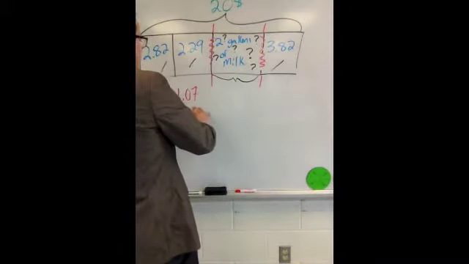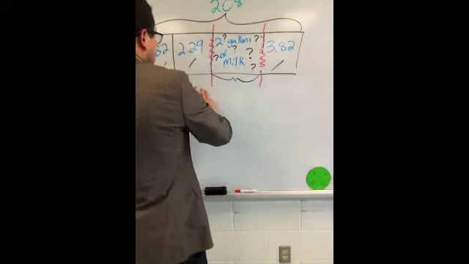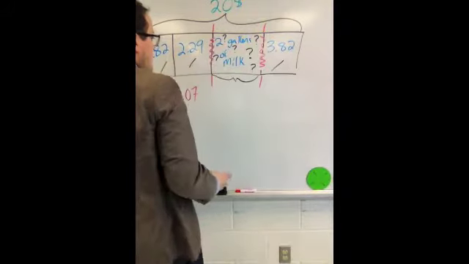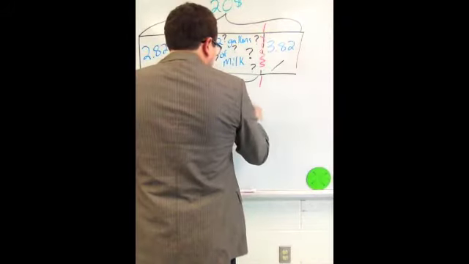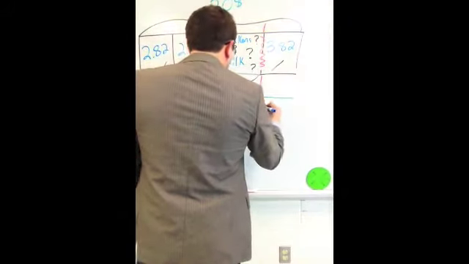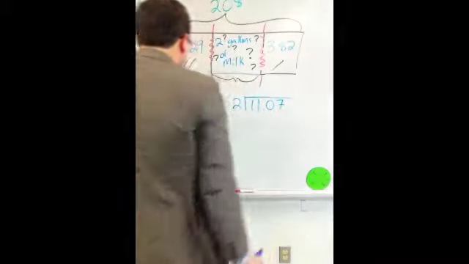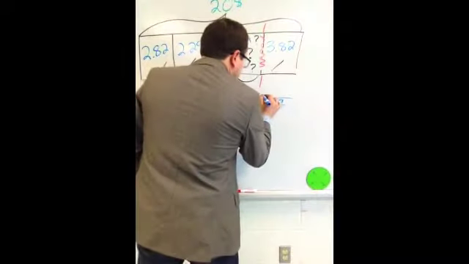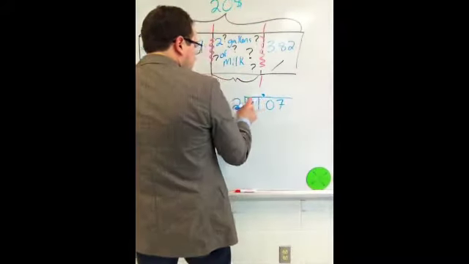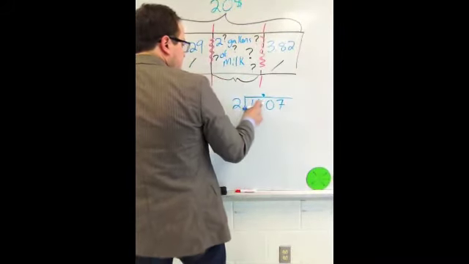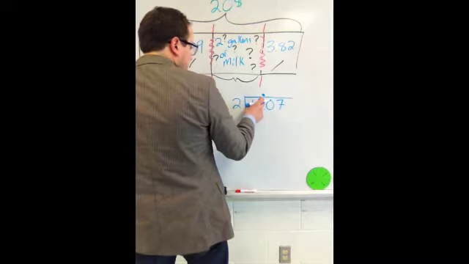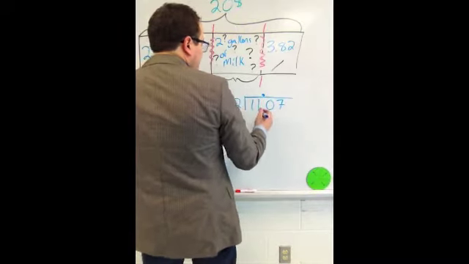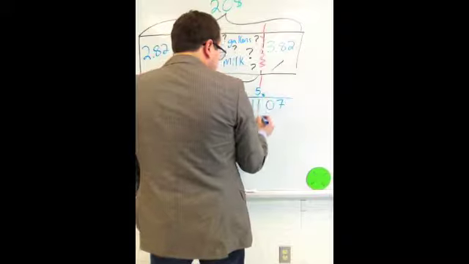So I'm trying to find out how this $11.07 is shared equally into 2 groups. So I divide it by 2, right? Okay? And I'm just going to do the quote-unquote old school method, so I bring the decimal straight up, and I'm going to divide the whole numbers evenly first. So I can divide this 11 into 2 groups by giving each group 5.